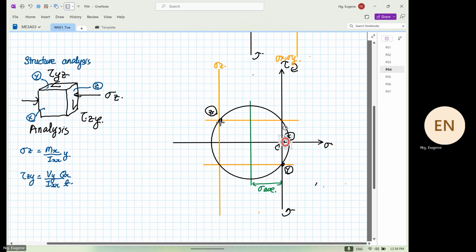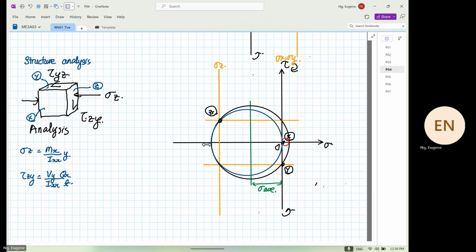This is our last circle. So this is the 3D Mohr's circle.